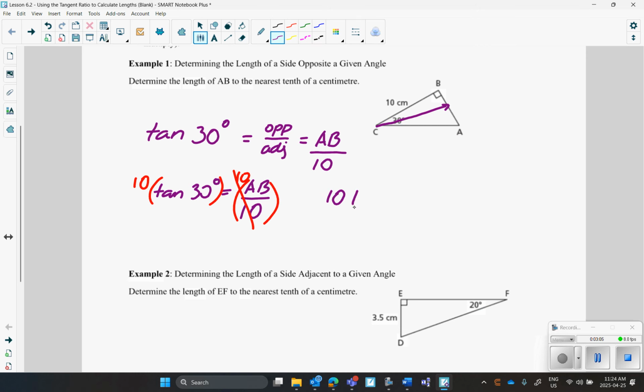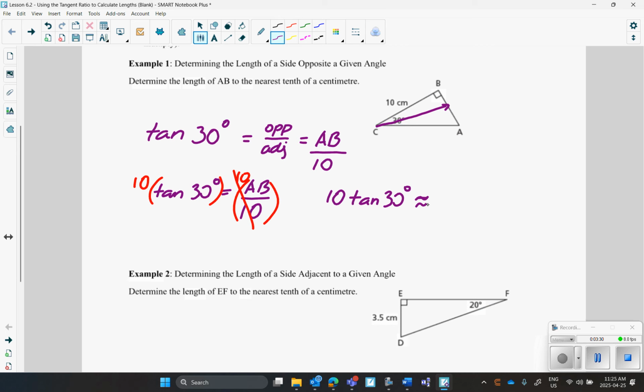On my calculator, I am going to go 10 times, remember, if there's a number beside the 10, that means multiply. 10 times tan 30. And this is where we pull out our calculator. It says answer to the nearest tenth, so that's 1 decimal place.